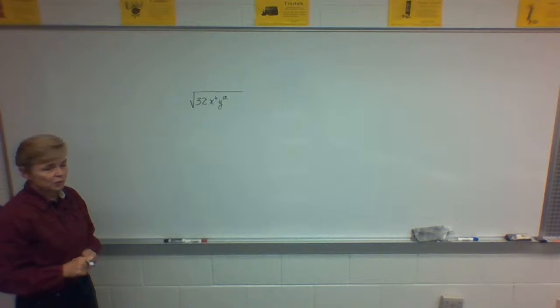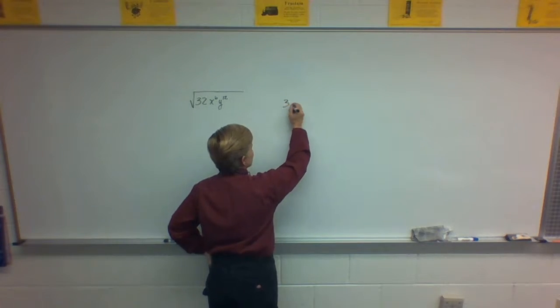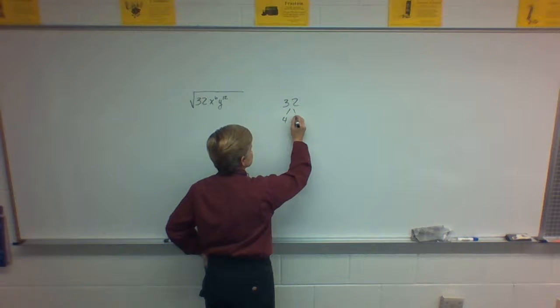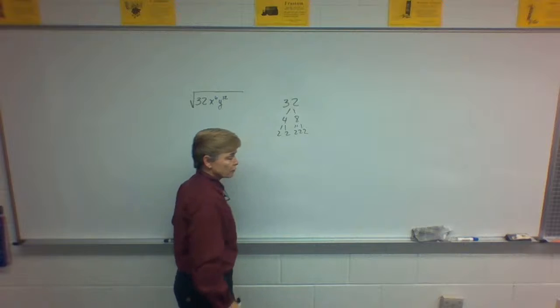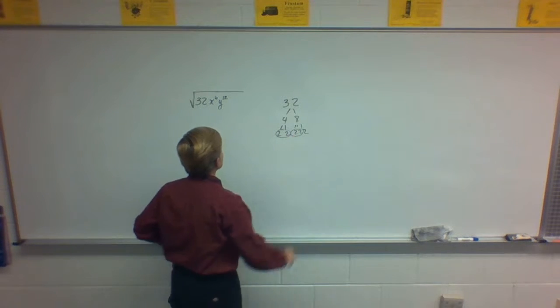You've got to find the pairs, and one of every pair comes out, because every time there's a pair, you've got a perfect square, right? One of every pair comes out. 32, I think you can remember how that factors. It's 2 to the 5th, so I'm going to take out a 2 and a 2.